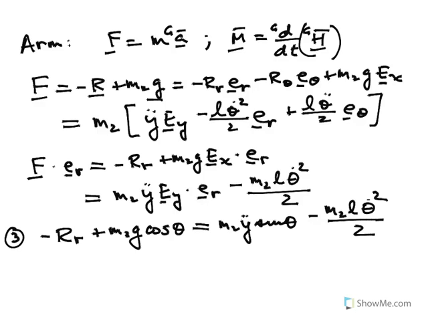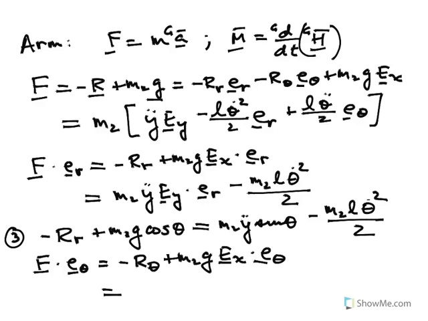That's the third equation. The fourth equation, we've got F dotted with e_theta is equal to, well, now we've got minus R sub theta, and we've got plus m2g e_x dotted with e_theta, and that has to equal m2 y double dot e_y dotted with e_theta, and then plus m2 l theta double dot over 2.